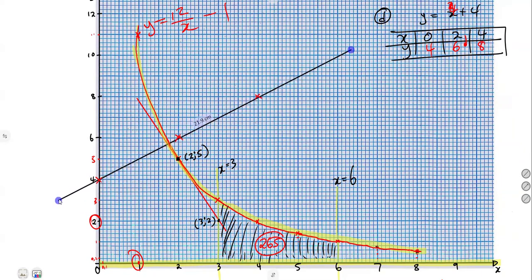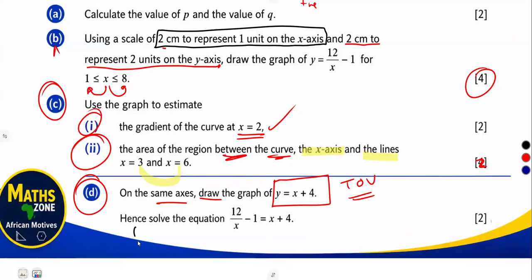So that was the question here, to draw the line of y is equal to x plus 4 first. And after that, hence, solve the equation. Which equation are we solving? 12 over x minus 1, the original graph function that we drew before, is equal to x plus 4.